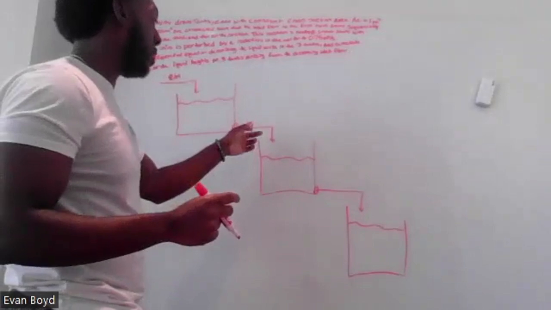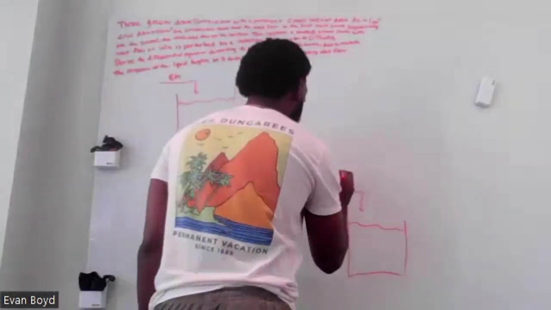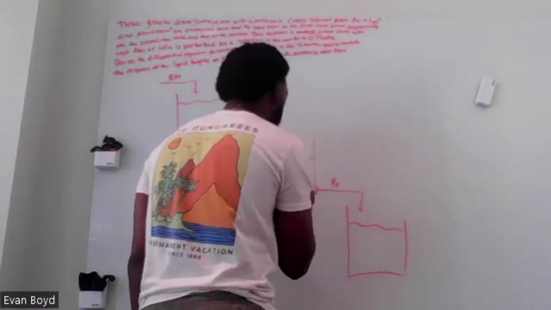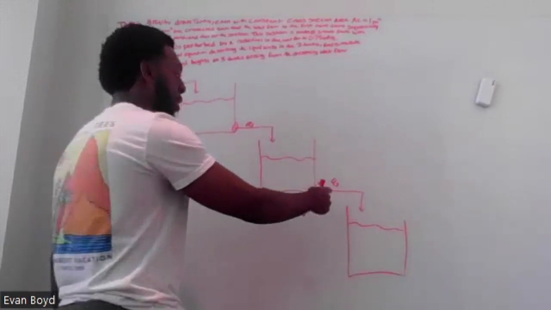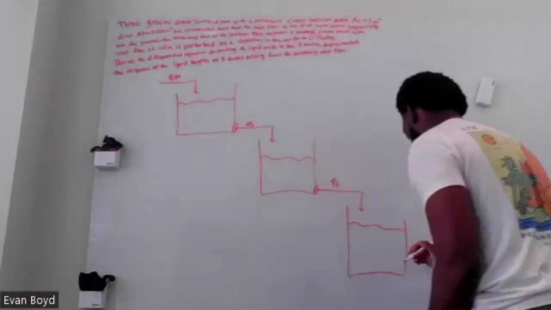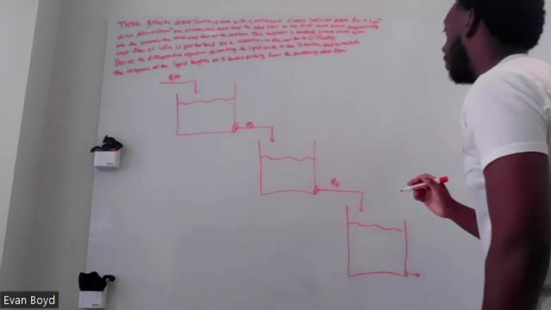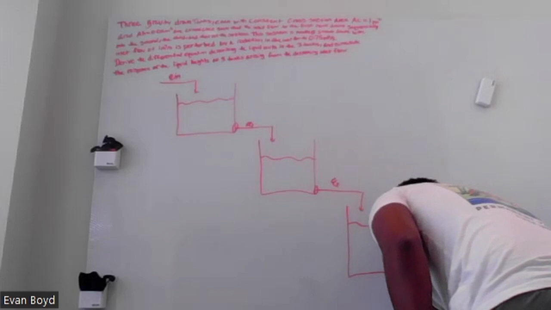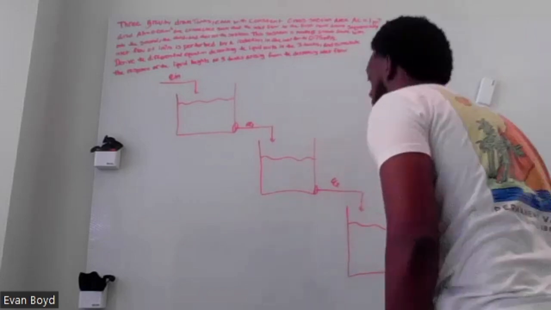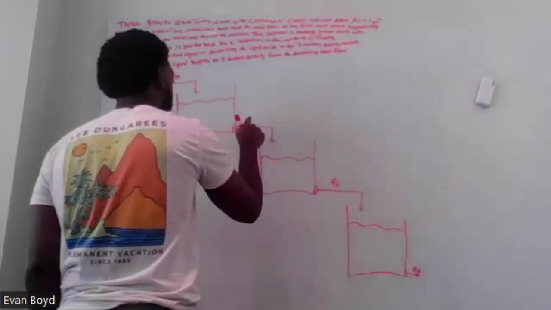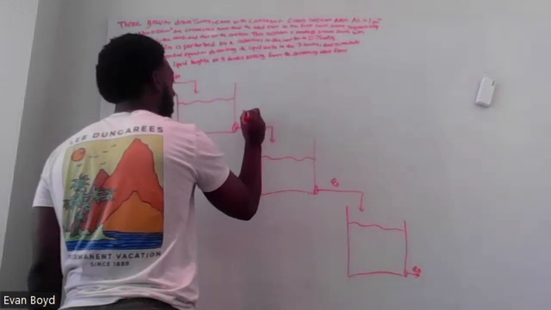It'll be the same thing for the next one: Q2 flows out of tank 2 and flows into tank 3. And then from tank 3, you have a leaving flow of Q3.